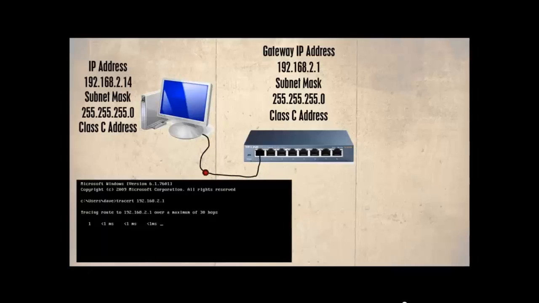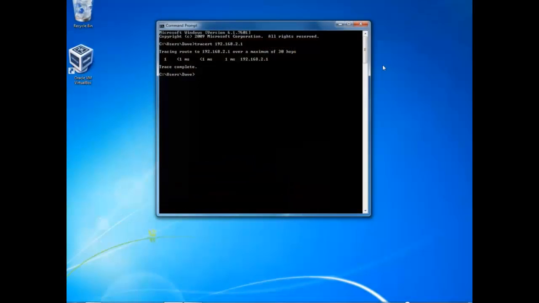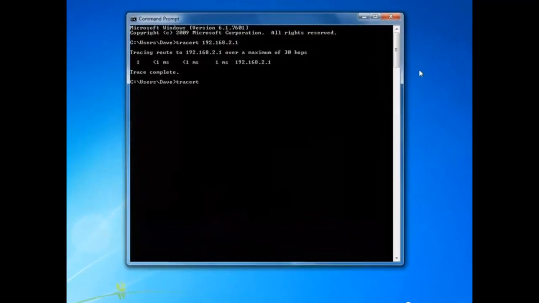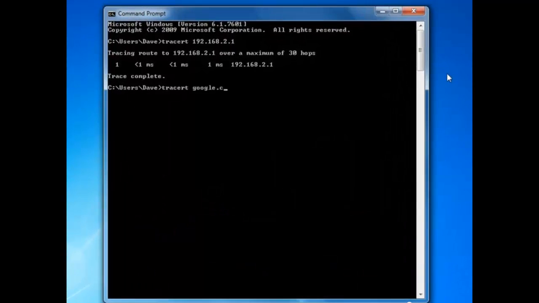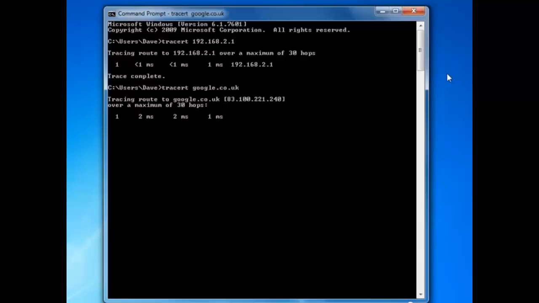This means that the packet visited only one host, which was the target itself. As before, we shall use the command with a name, traceroute google.co.uk. The first thing we should notice is the IP address 83.100.221.240, which is totally out of our network ID. But why have these hops appeared?